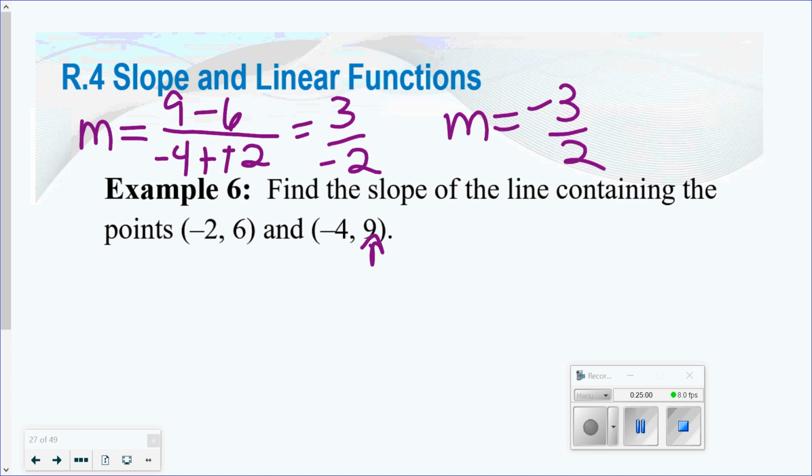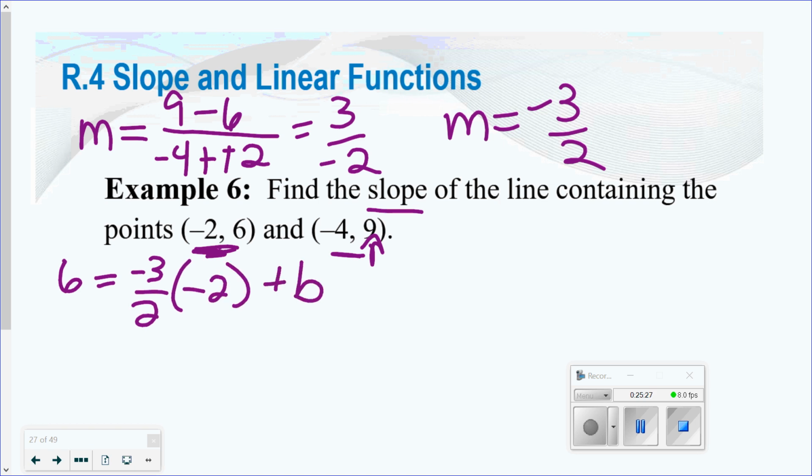Now I want to use this to find the equation of the line. We're going to go one step further. They only asked for the slope, but let's go ahead and get the equation. So if we use slope-intercept, you can pick either of these points. These numbers look a little smaller, so I think I'll go with those. That would be 6 equals -3 halves times -2 plus b.